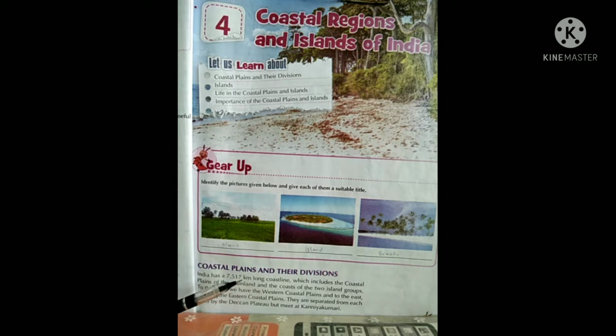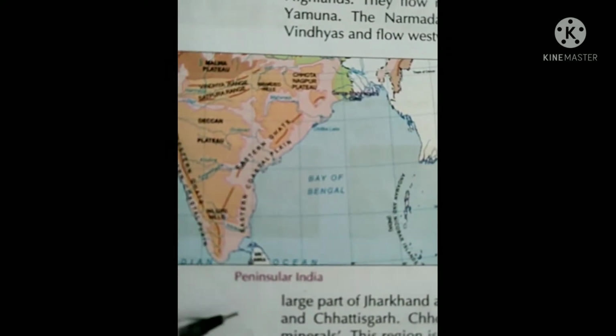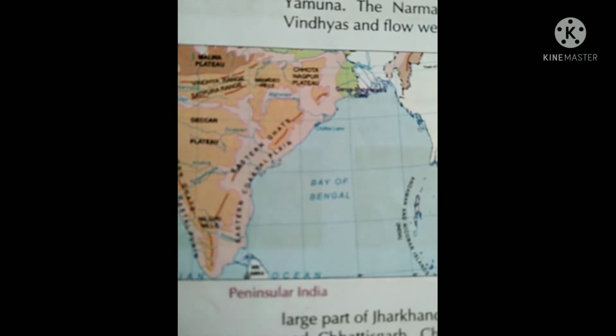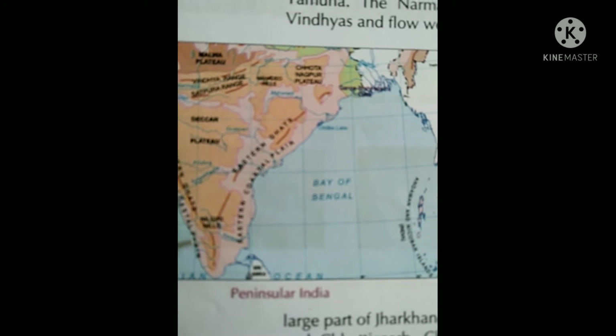This total India has a 7,517 kilometer long coastline, and which includes the coastal plains of the mainland. See, I will show you in that map. You can see here, this is coastal plains, this is coastal plains, and this is coastal plain.